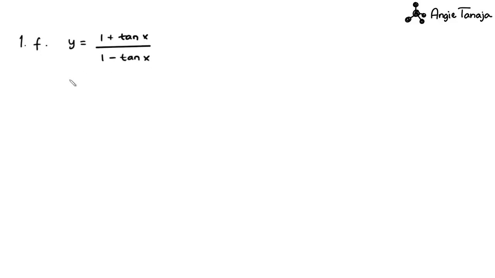So the way we differentiate this one is by first refining this form into another form. The 1 here, I'm going to change to tangent pi over 4, plus tangent x, and the other 1 is also the same thing, and then I'm also adding tangent pi over 4 times tangent x. Tangent pi over 4 is just 1, so it doesn't really affect the tangent x and doesn't really affect the whole question.